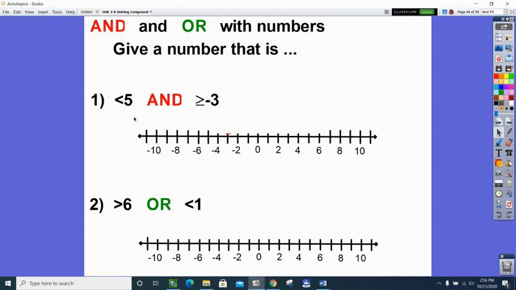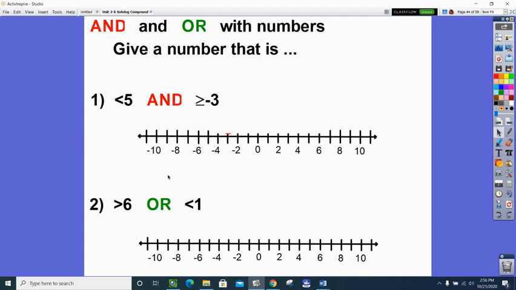Now, can you think of a number that is less than 5 and greater than or equal to -3? Maybe you thought 4, maybe you thought 0, maybe you thought -3. Maybe you thought 2.5. There's actually an infinite number of numbers that are less than 5 and greater than or equal to -3. So basically, we need a graph that's going to show all those numbers.